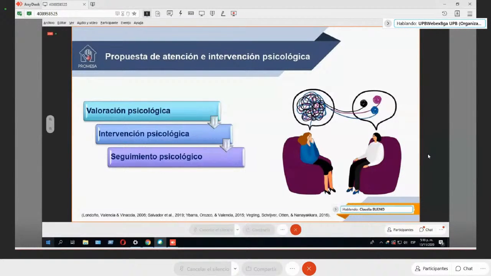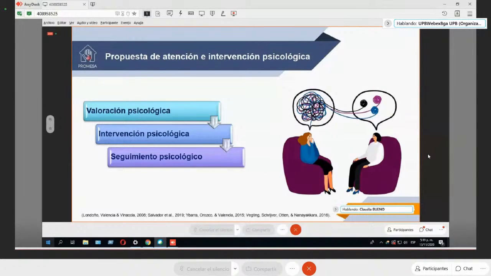So it is important to devote time to develop a program that has more focus on the caregiver. We can find some aspects in the literature. There are not so many, but we can find some options or proposals that may provide insights on how to address this intervention. And this is what I want to show you now.